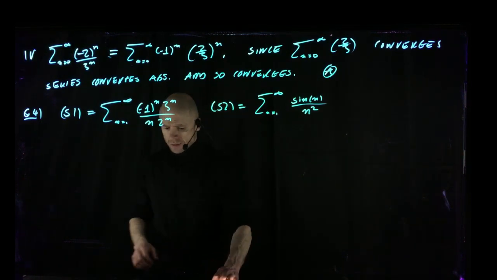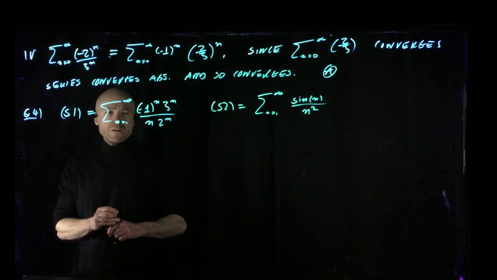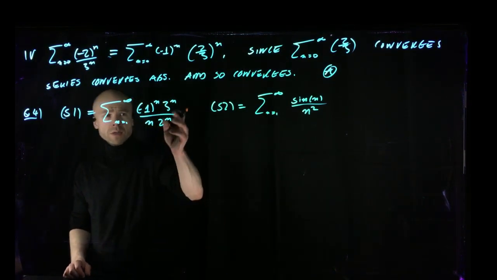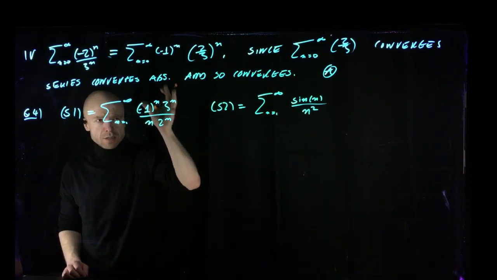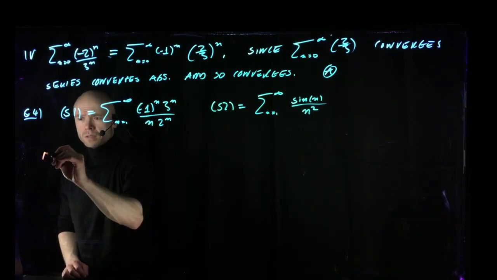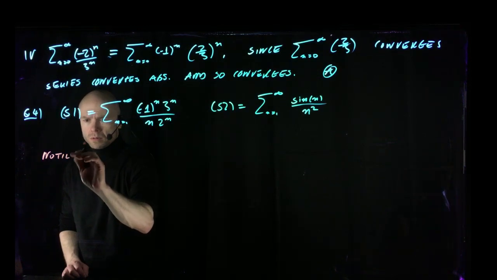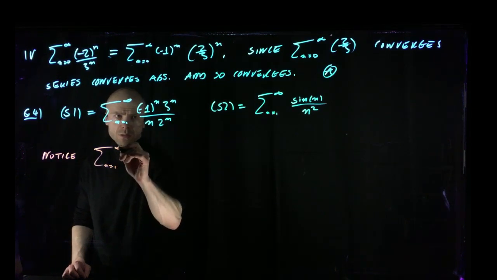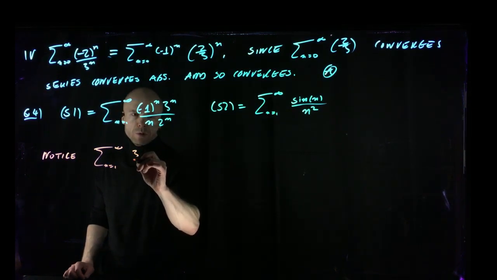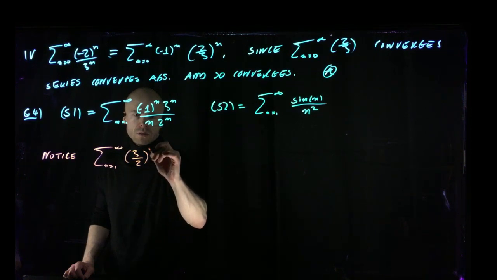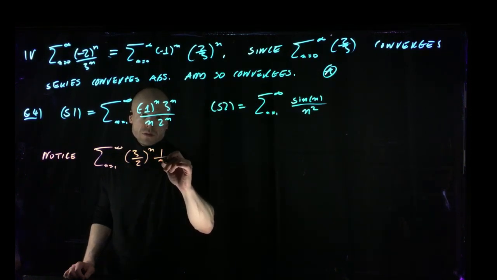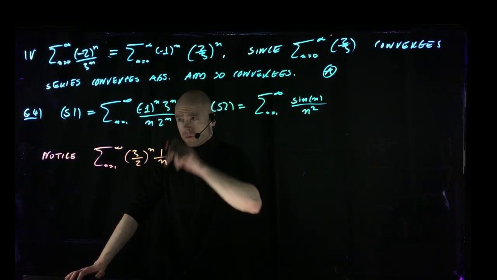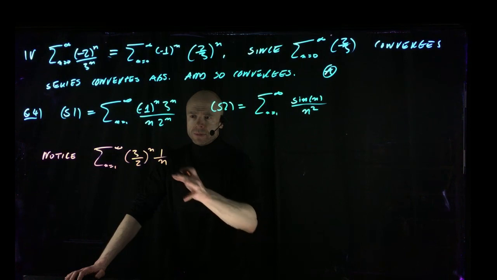So let's look at S1. It's alternating, first thing to notice, but if we just ignore the fact it's alternating and take the absolute values of S1, then notice that this thing can be written like this. So what about this guy?